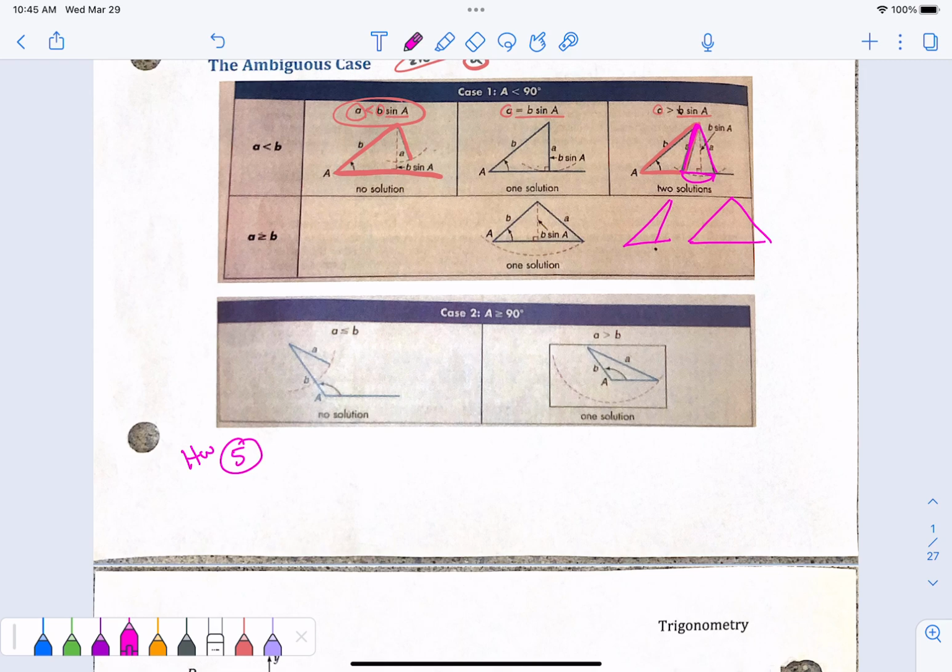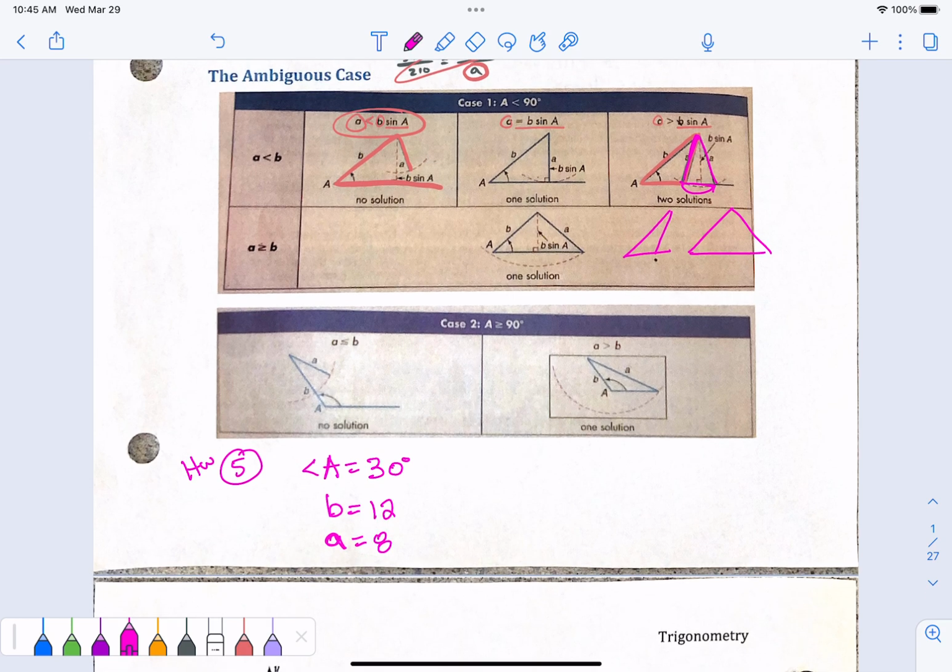The things that they give me, they say angle A is 30 degrees. They say b is 12, and they say lowercase a is 8. Okay, so there's the information that it gives me. They give me the angle A, they give me b, and they give me a.